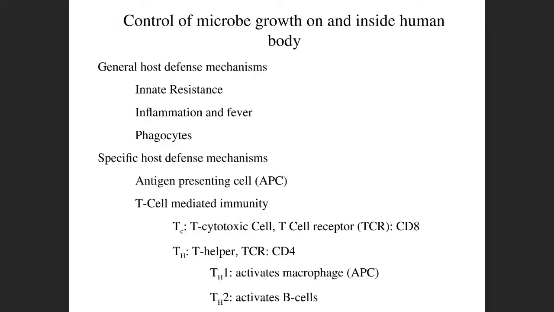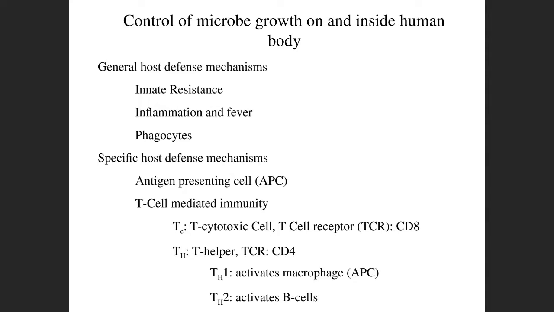Okay. So the next thing I wanted to introduce is the T cell. Remember, there are two main types, the T cell and the B cell. We're going to talk about the T cell first, and then we're going to talk about how the cells interact. There are two types of T cell, the T cytotoxic cell and the T helper.